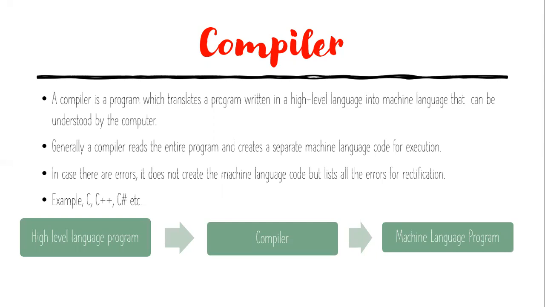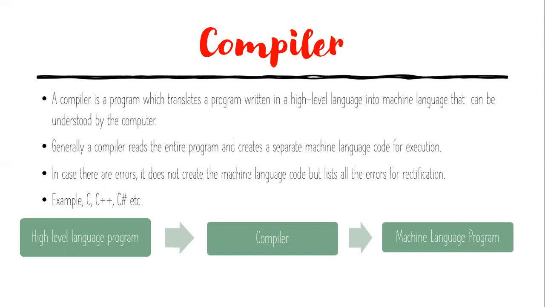Basically, what does this compiler do? It first reads the entire program and creates a separate machine language code for execution. The program is also called code. So whatever code we give to the computer, it translates into a separate machine language code for the process, which is called execution.